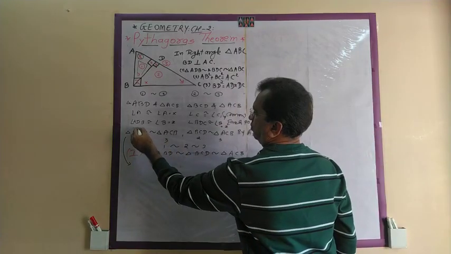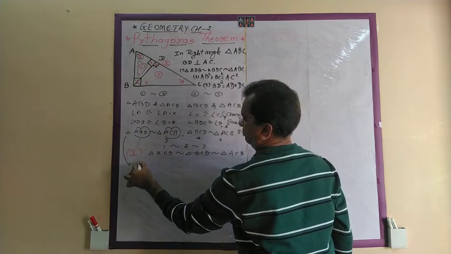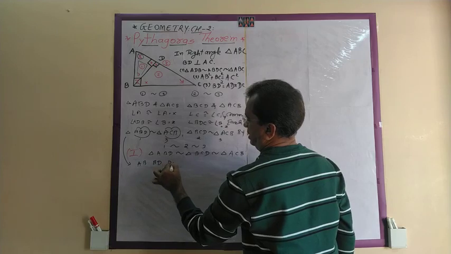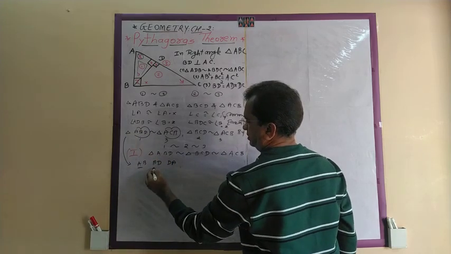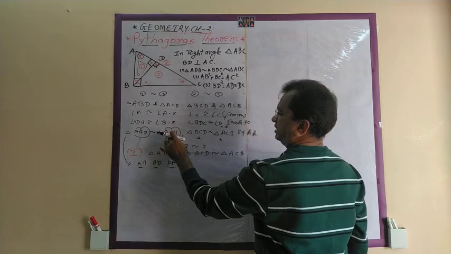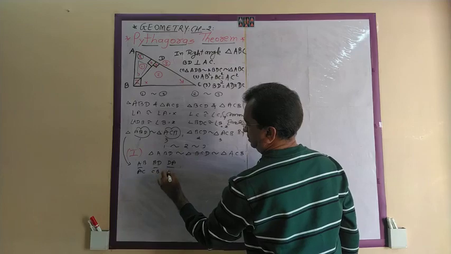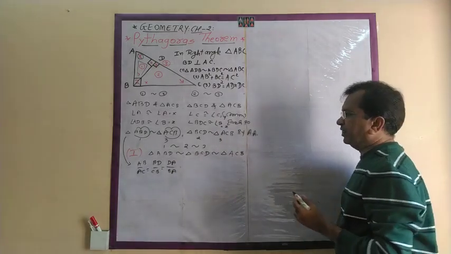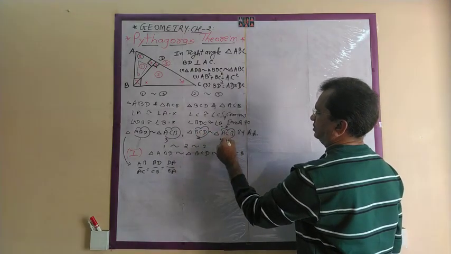So take 1, 2 and 3. 1, 2 and 3 like that. Means AB, BD, DA. AB, BD, DA. AC, CB, DA. Same here, first, second, third.